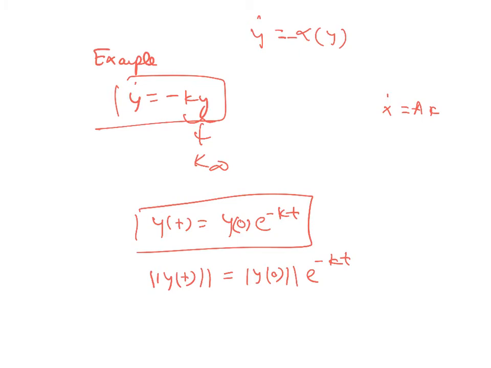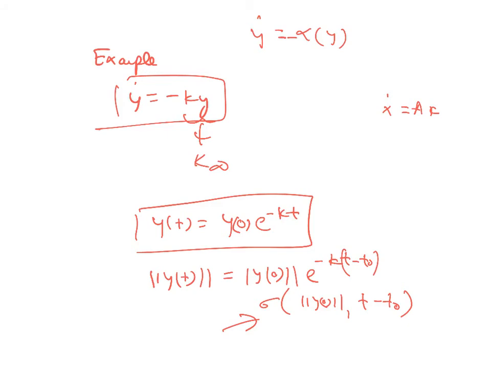So y of t equals y of 0 e to the power minus kt, which is basically sigma of y0 into t minus t0. So that means it's class KL, as t minus t0 goes to infinity it goes to 0.